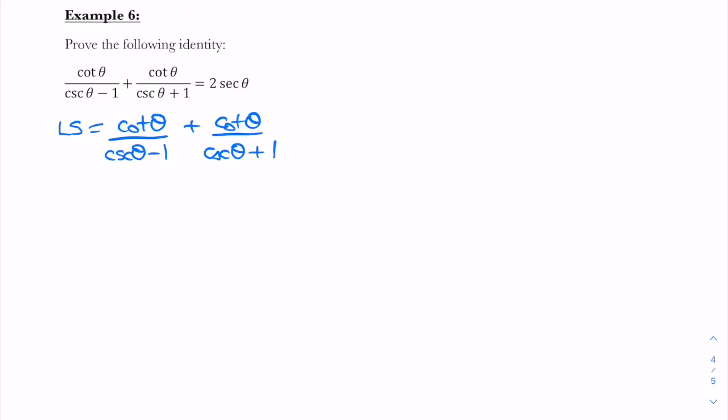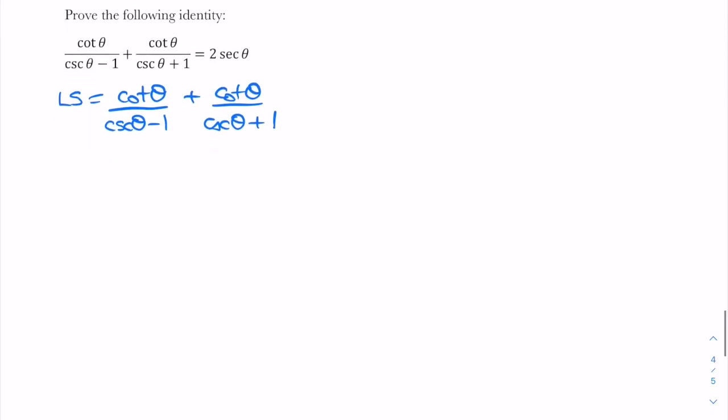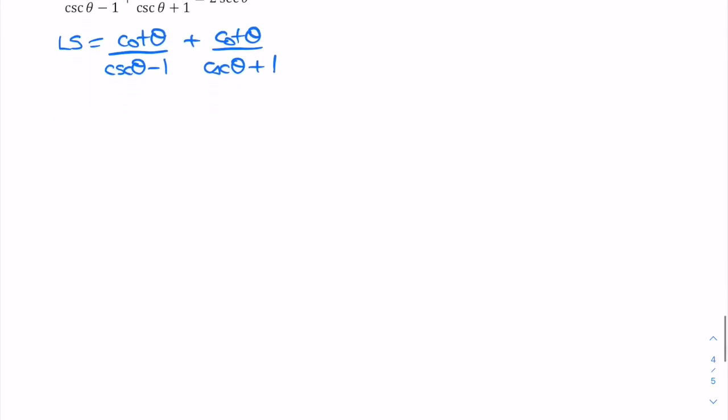We actually did a very similar one back in example 3, I believe. I think we had sines and cosines though, rather than cotangents and cosecants. But the idea is the same. You have to take these two fractions on the left side and somehow make it look like one thing. The only way to do that is to find a common denominator.